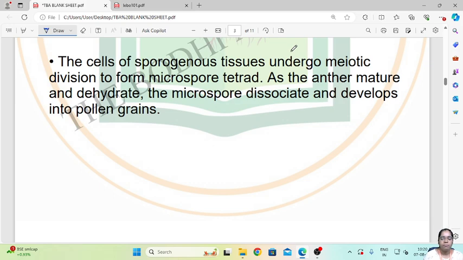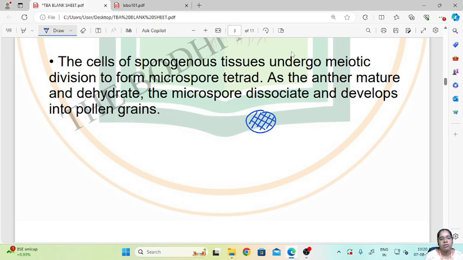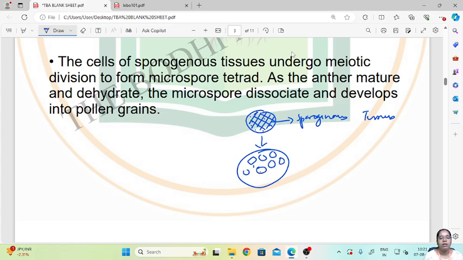So if this is the sporangium, and these are what? The sporogenous tissue. Okay, this will undergo reduction division to form what? These compactly arranged cells will start separating and form what?